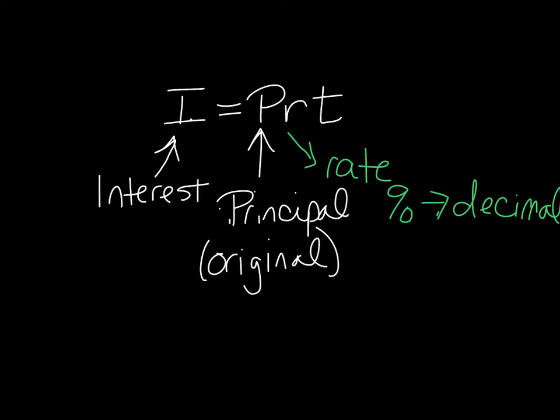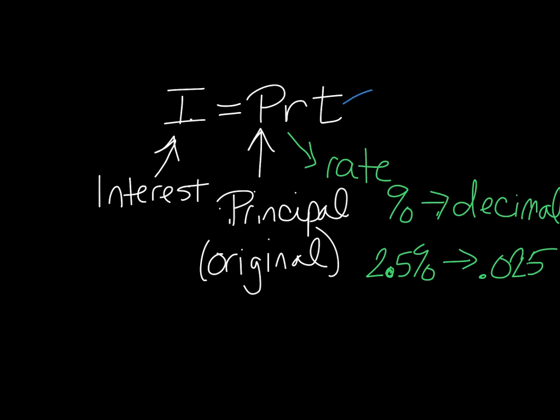So, for example, if they tell you that it's a 2.5% interest, you need to make that into a decimal, which it already looks like a decimal, but it's actually in percent form. And so we need to move it over 2 places, so we get 0.025. All right, again, this is for your notes, so make sure you're writing it down.